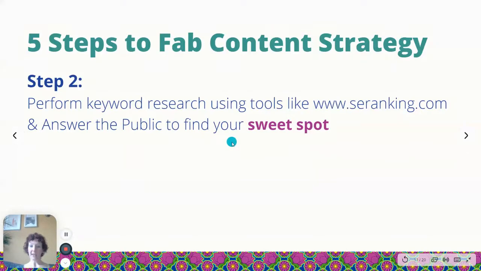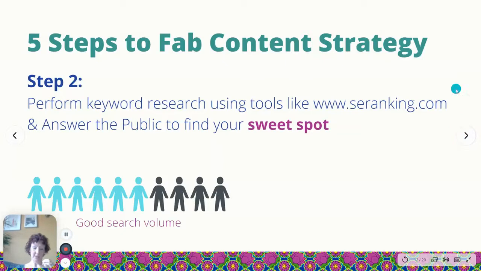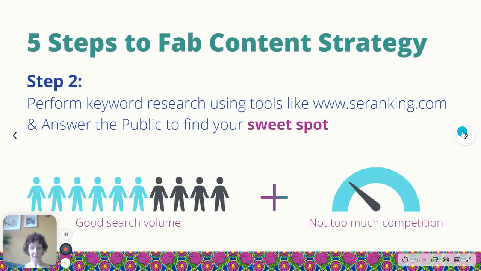And what you're doing is you're going to type in the keywords you just identified into these tools, and you're trying to find what I call your sweet spot. So what's your sweet spot? Your sweet spot is a term that has good search volume and not too much competition.